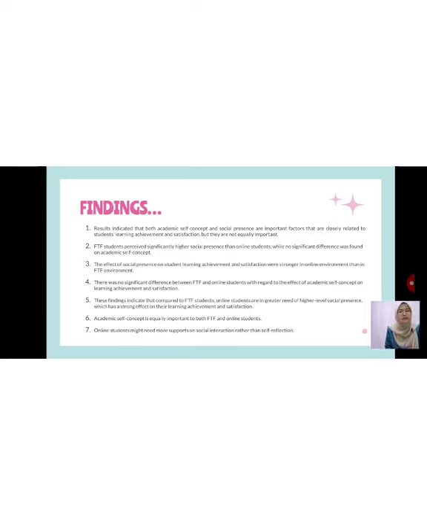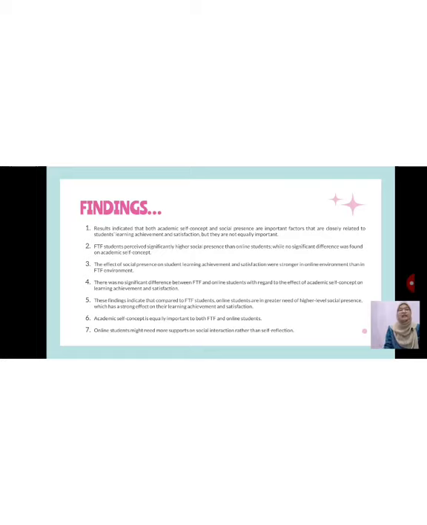Number 5, the findings indicate that compared to face-to-face students, online students are in greater need of a higher level of social presence, which has a stronger effect on their learning achievement and satisfaction. The reason might lie in the fact that in a face-to-face learning environment, students could increase their social presence in informal ways such as chatting or participating in games, which is not very instructional and thus could only limitedly increase students' learning achievement.